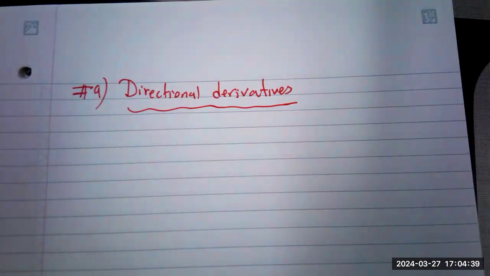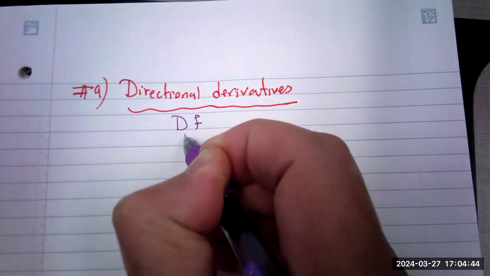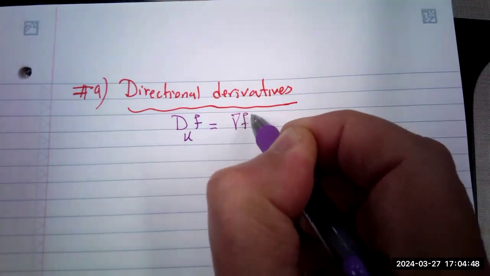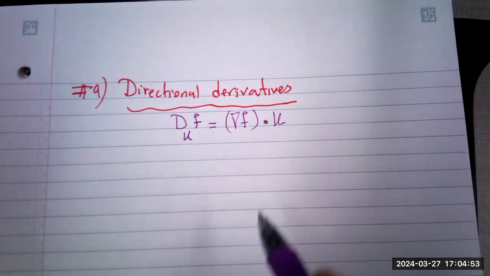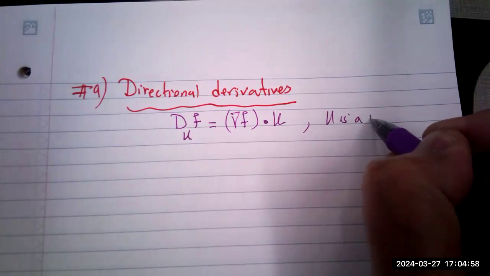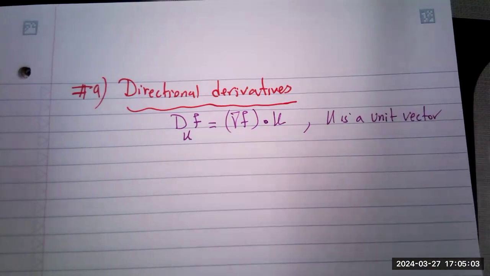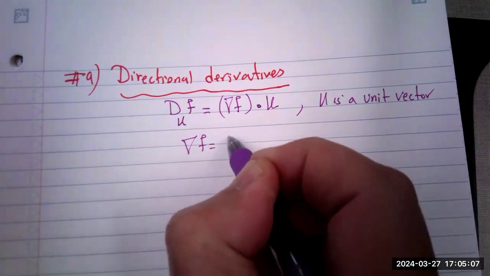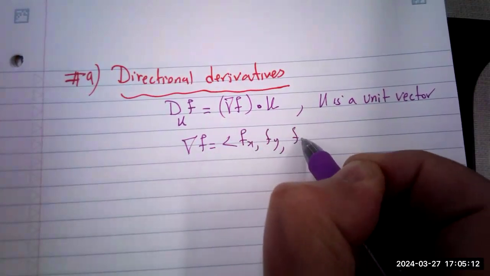Remember, the formula: the directional derivative of the function in the direction of a unit vector u is the gradient of f dot u. But make sure you know that u is a unit vector. And the gradient is simply (f sub x, f sub y, f sub z).